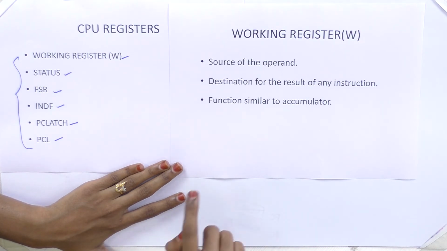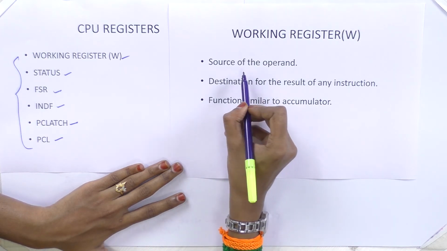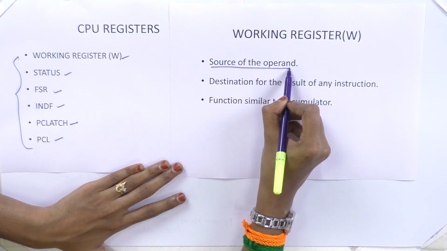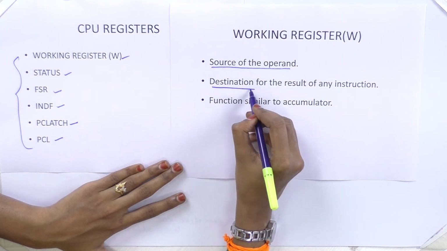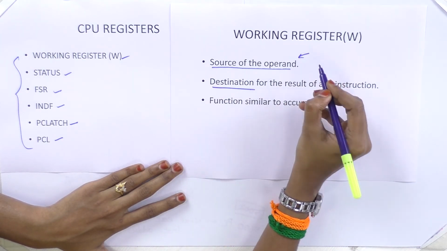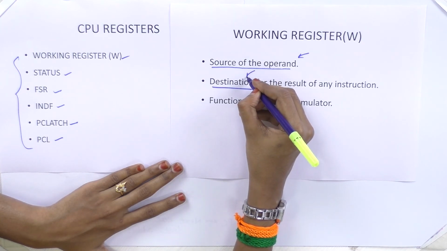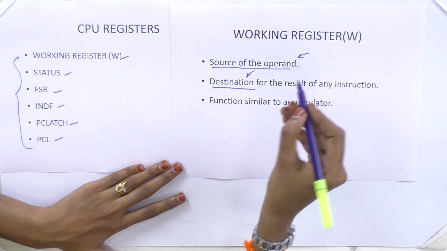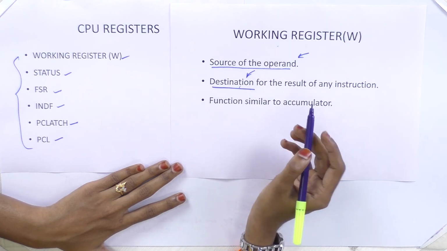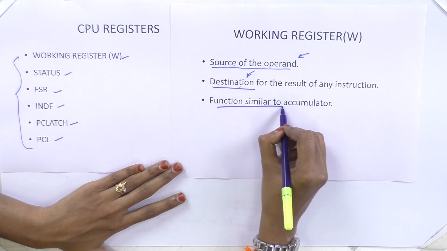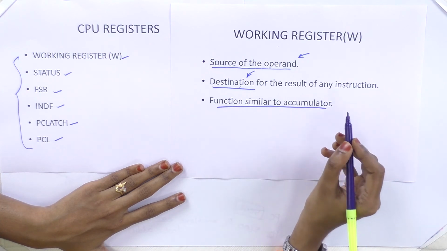Likewise here, the working register is used as the source of the operand and the destination to store the result. This is the default. One of your operands should be in the accumulator, and after the operation the result will be stored once again in the working register. I have told you this function is similar to the accumulator in the 8085.